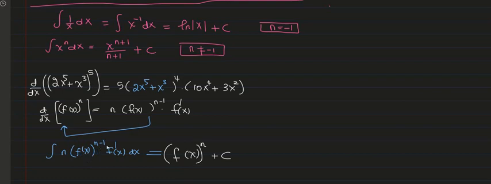So what happened here to the power? Can we deduce the rule? Now let's deduce the rule where we have a power of a function, not just x, but a function in x.